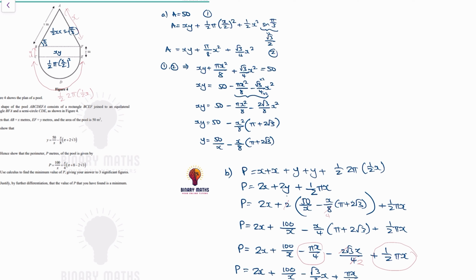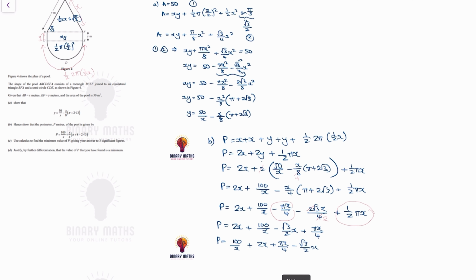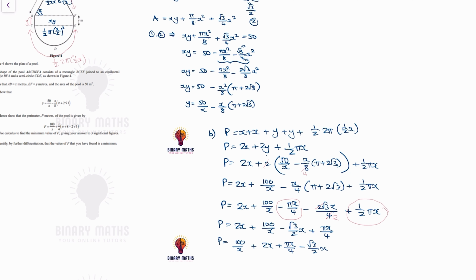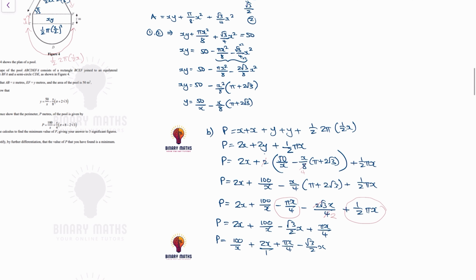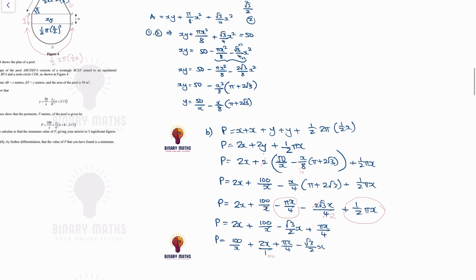If I write everything over 4, because I need everything over 4, there's an invisible one here, so I need to times this one by 4, which means I need to times this one by 4. If I times this one by 2 to make the bottom 4, then I need to times this one by 2 as well.